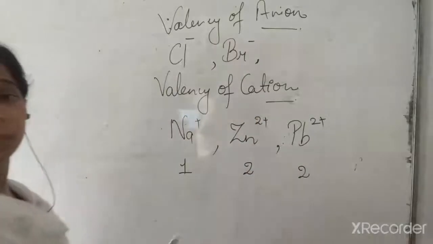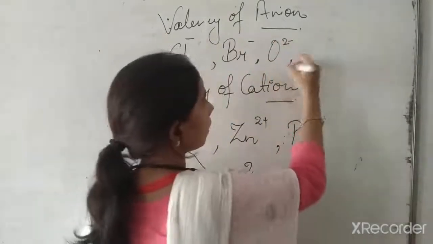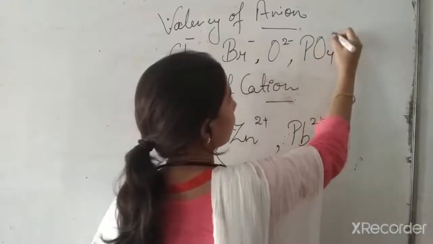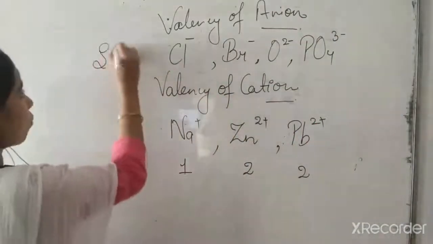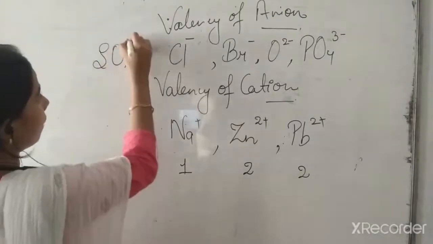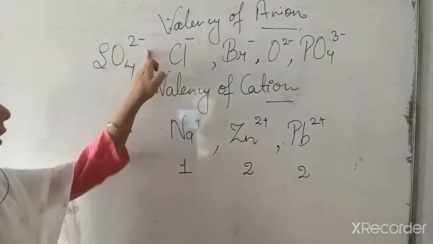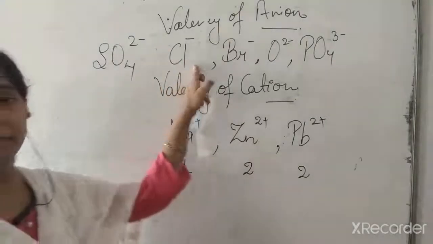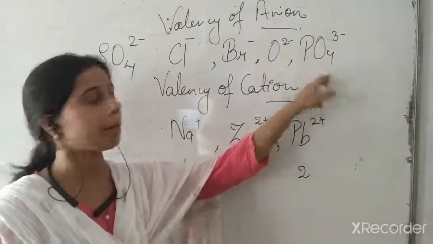If you see the others, oxygen is 2 minus, PO4 is 3 minus, sulfate SO4 is 2 minus. So you see here, students, what is the charge given here? That is minus 2. Here it is minus 1, here minus 1, here minus 2 and minus 3.